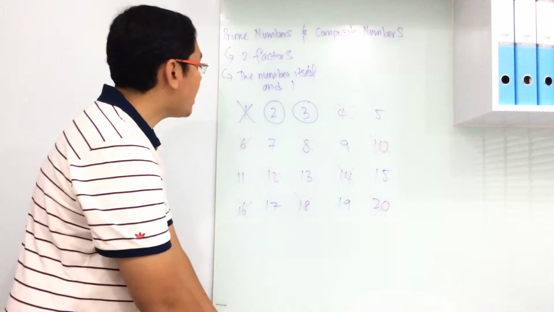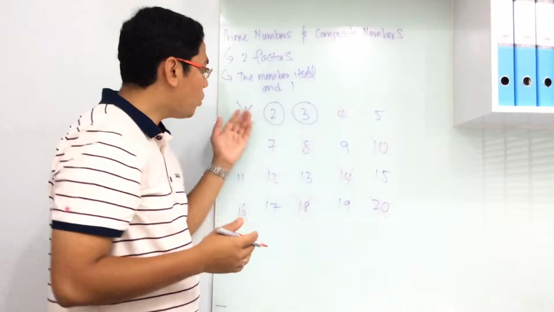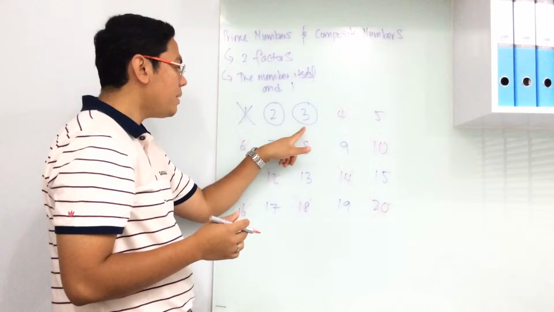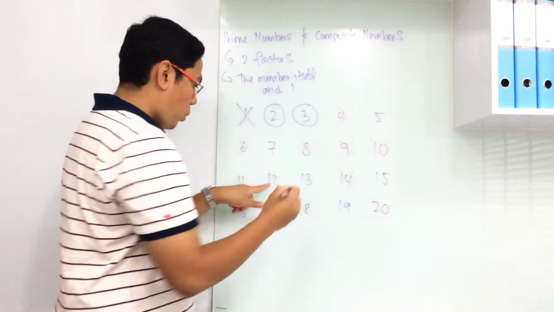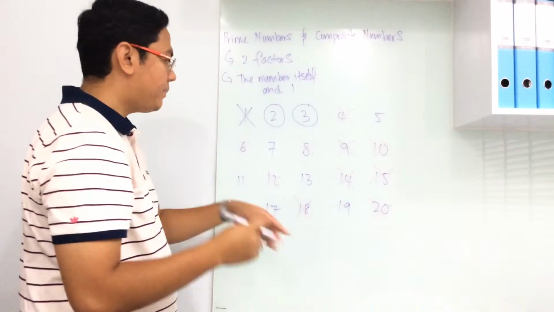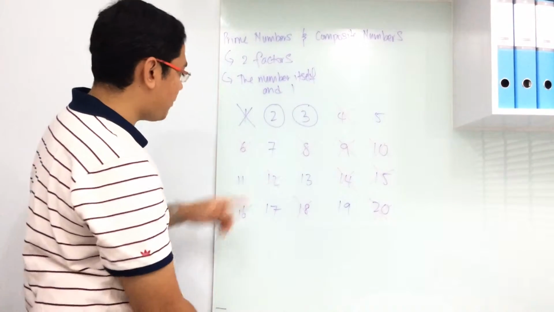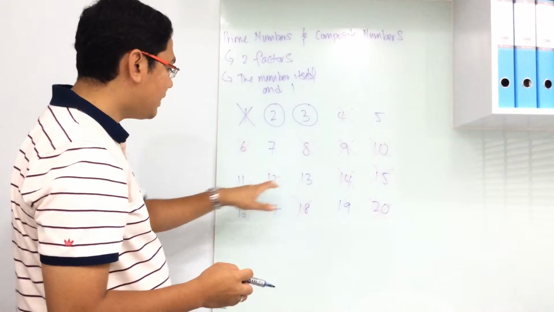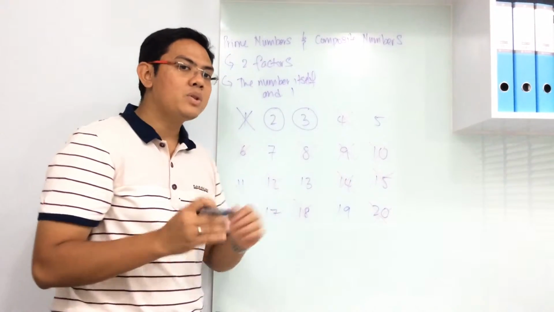So what we can do now is cancel out all the multiples of 3 from 1 to 20, which is 3, 6 (which has already been cancelled), 9, 12 (which has been cancelled), 15, 18. Alright? If you look at the remaining numbers such as 5, 7, 11, 13, 17, and 19, take a few seconds.